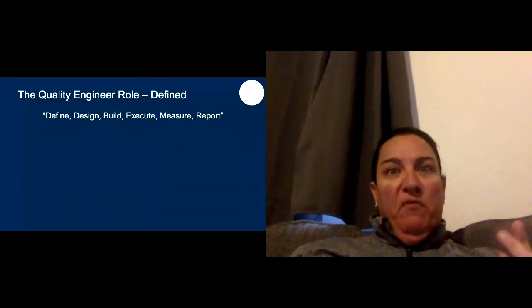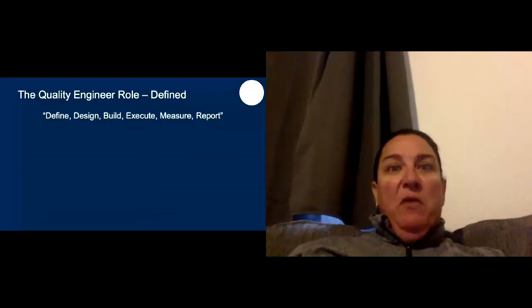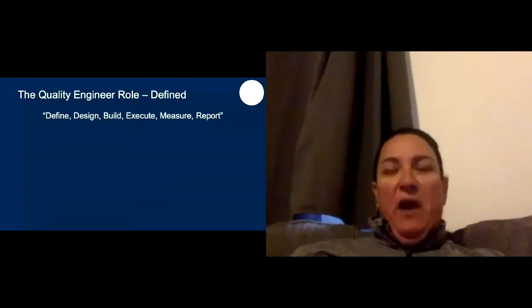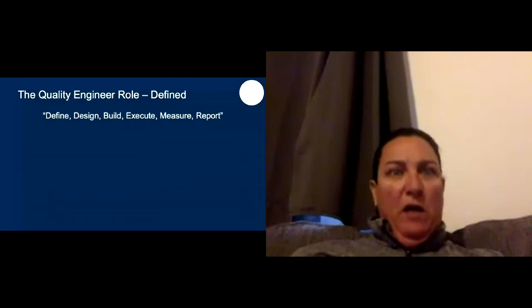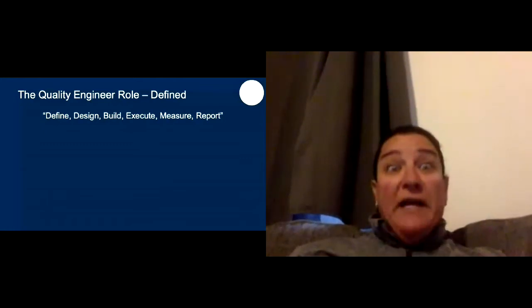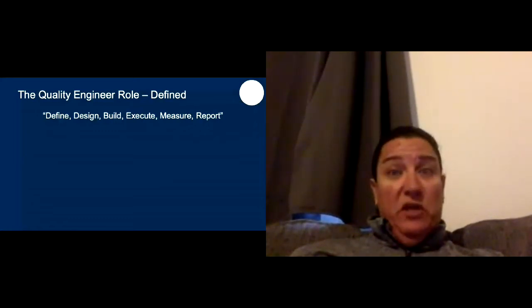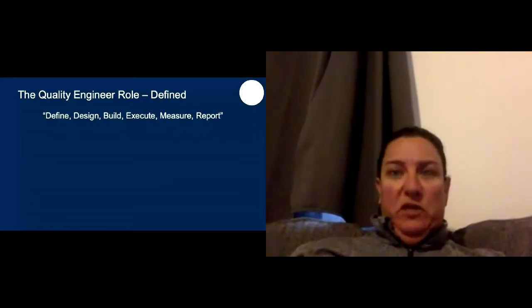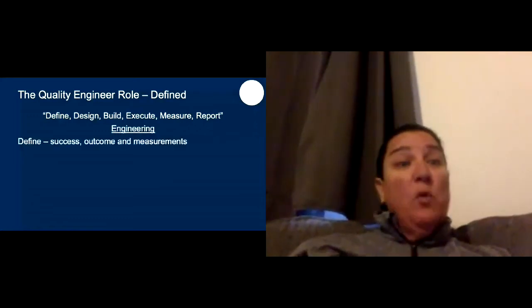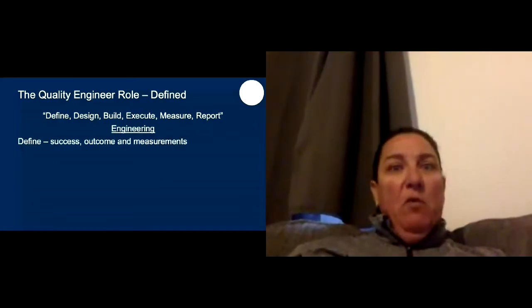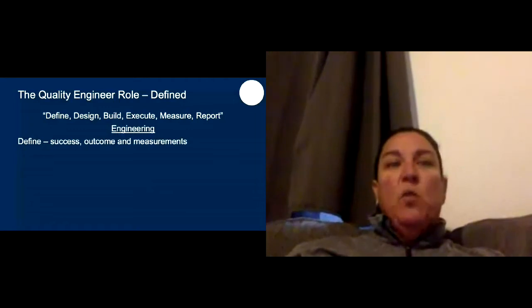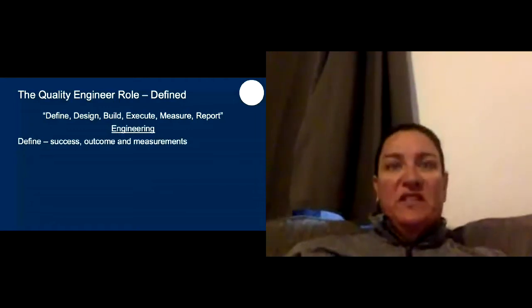So for most professional engineers, there are these 6 components and characteristics of what makes a quality engineer. We define a solution, we design and build that solution, we ultimately execute that solution, we measure that solution, and we report on that. So when we define that, we are talking about how do we define success? What does success mean?